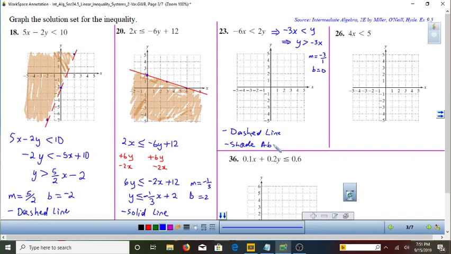So we graph the corresponding line, the line for y equal to negative 3x, and then since it's a strict inequality, we'll draw the line as a dashed line. So that means go down 3 to the right 1, or go up 3 to the left 1. And then we're going to draw the corresponding line, and we're going to make it into a dashed line.